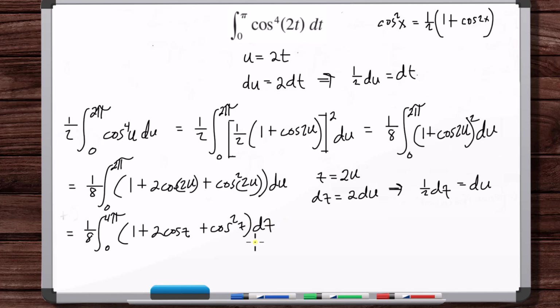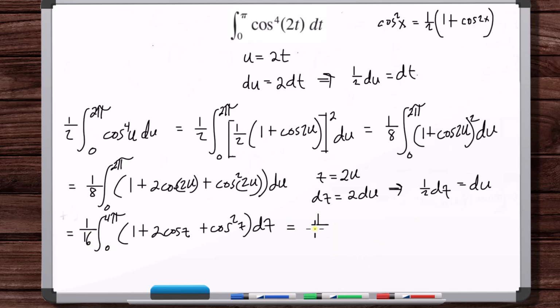We have to bring out a 1/2. So this is 1/16.